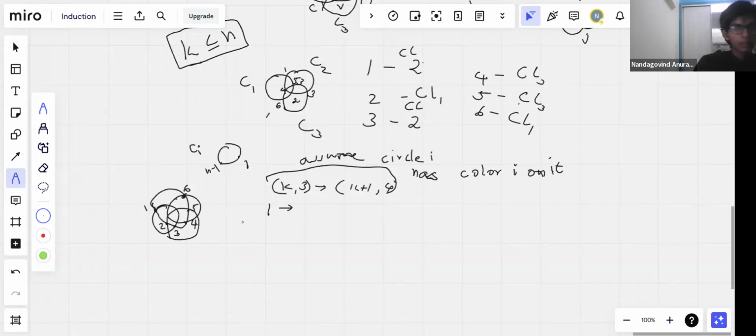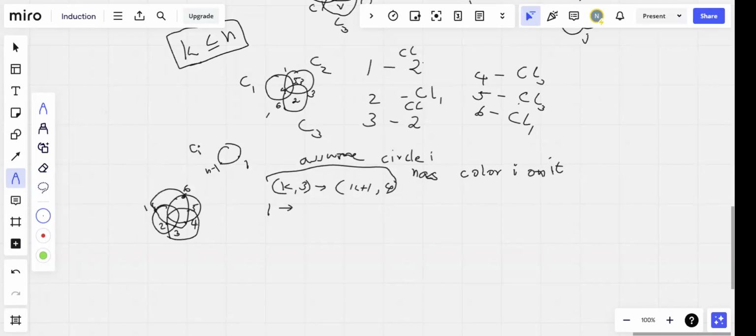Remember you have two intersection points with every circle. So even if one of them is colored with the color n plus 1, the whole circle has gotten the color n plus 1. So maybe we can color one point of each pair of intersection points with the n plus 1 color, and leave the other point as the color of the circle it's intersecting with.